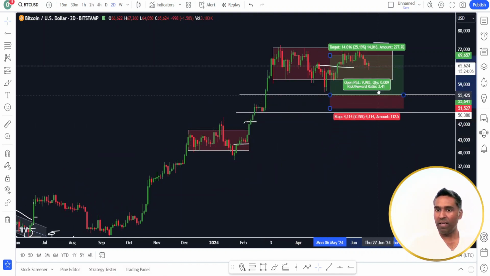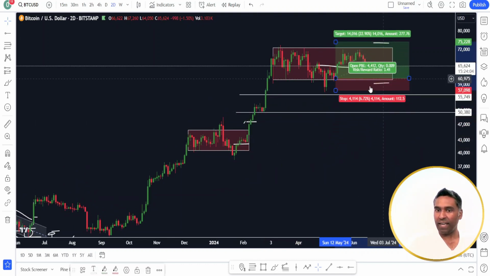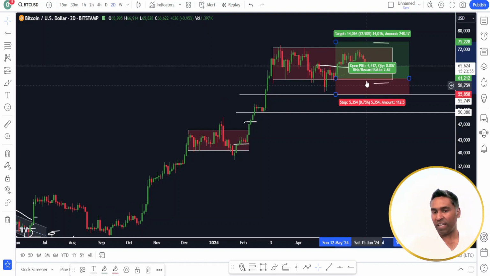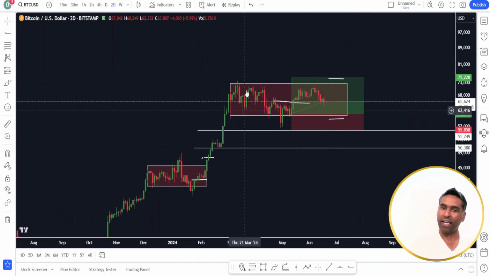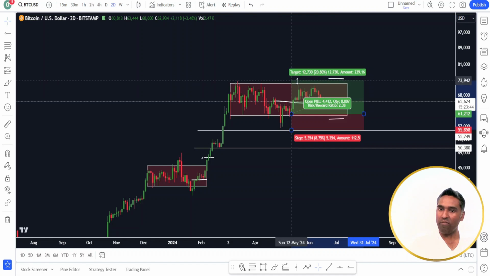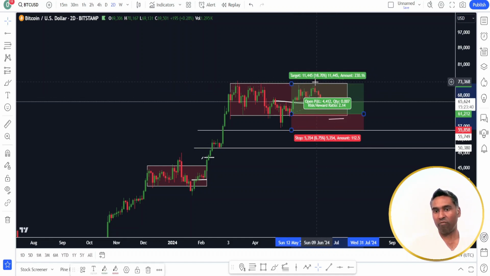Let's see, for example, the price comes here and I enter the market somewhere here. I will put my stop loss below the low of this candle, or if there is a new candle here and it makes a low, I will put my stop loss below that candle. But as this is a big rectangle, I would try to see if this gives me 2R until here, and my first TP would be the resistance area of this rectangle.